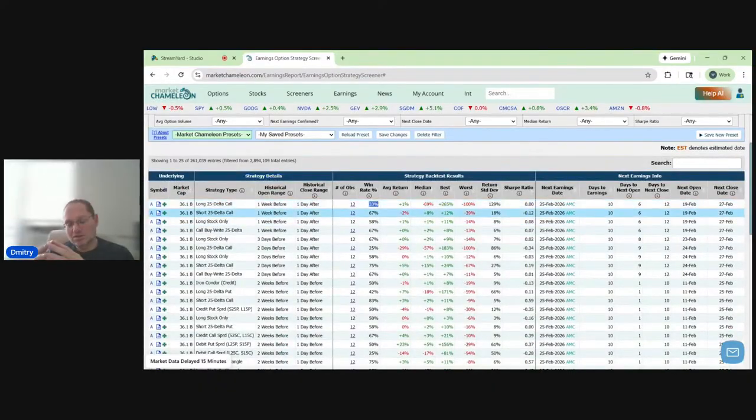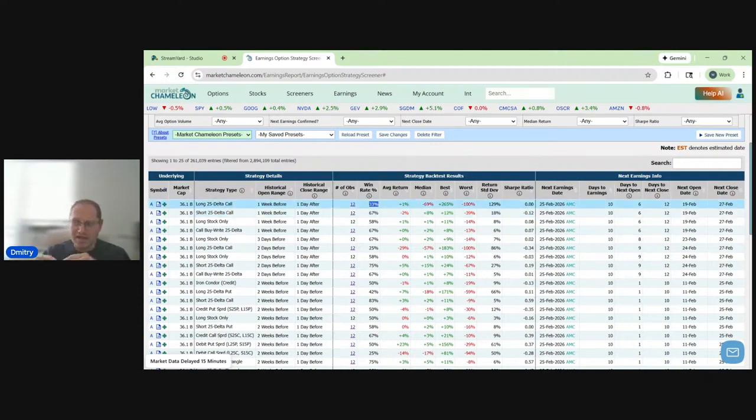33% of the time, that option was profitable, okay, from the long side. So long 25 delta call, 33% of the time was profitable. The other times it wasn't profitable. But the average return here was up 1%. Okay, so why is that happening?